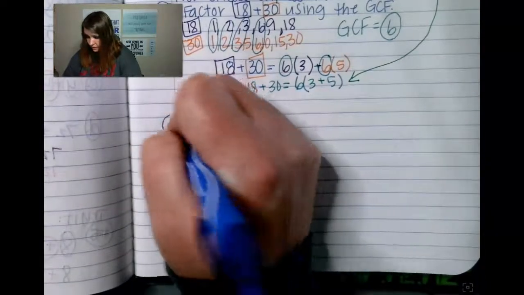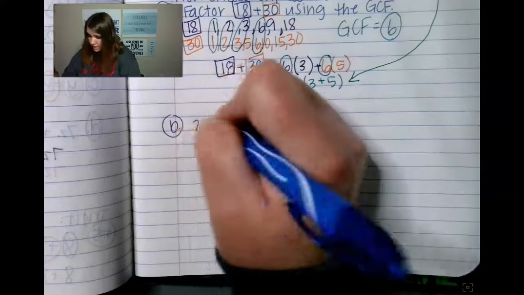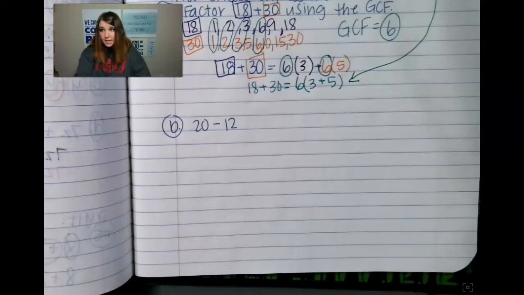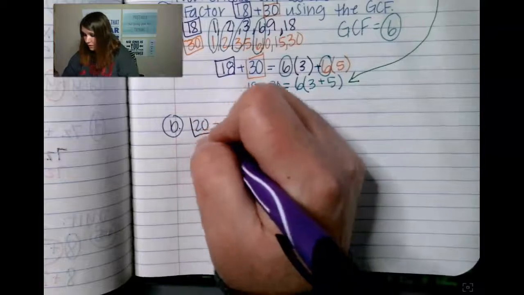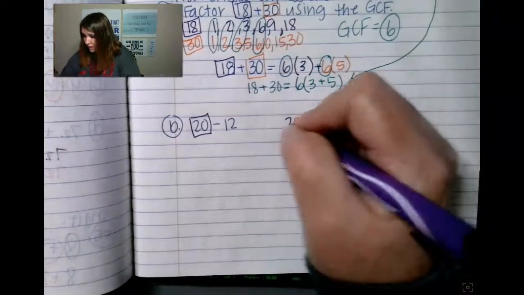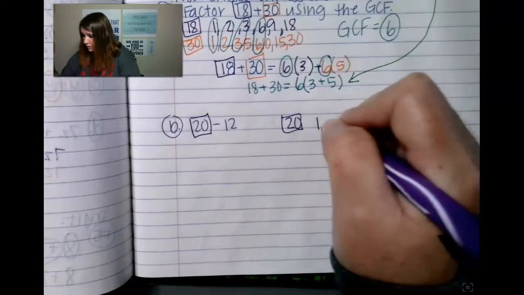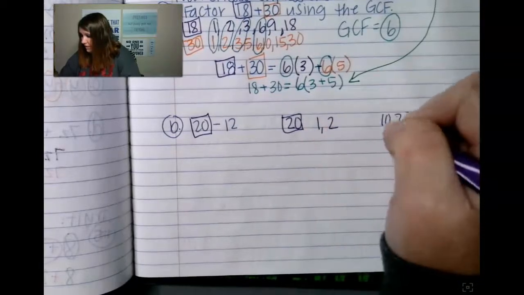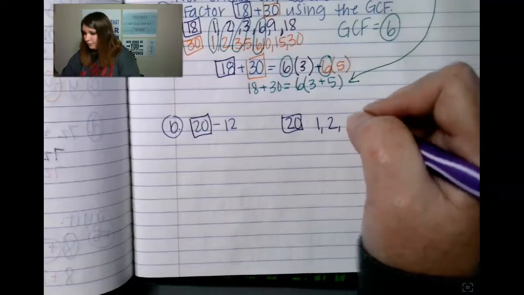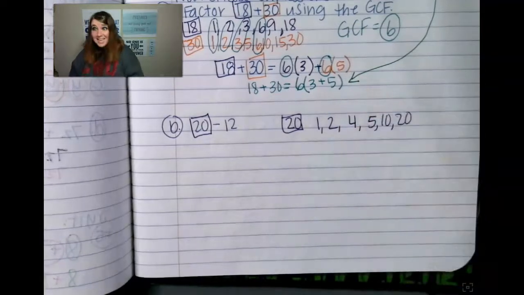All right. This one says 20 minus 12. And so we're going to take the 20 and we're going to find the factors of 20. 1 and 20, 2 and 10, 3, no, 4, yes, 5, yes, and that's it.